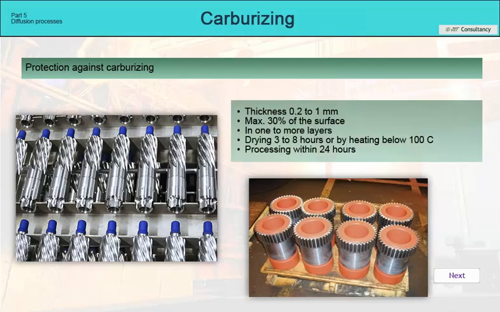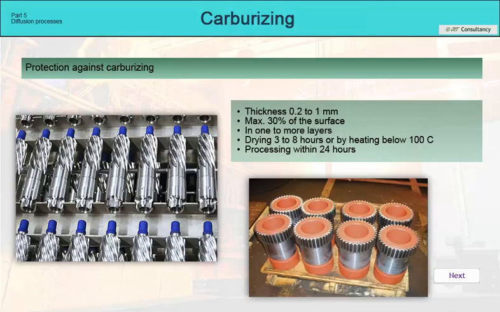The thickness of the protective coating should vary from 0.2 to 1 millimeter and should not be thicker. Excess protective paste can also affect areas that should not be protected. Painted surfaces should usually not exceed 30% of the surface. Coatings should be applied to clean, degreased surfaces in one or more layers.